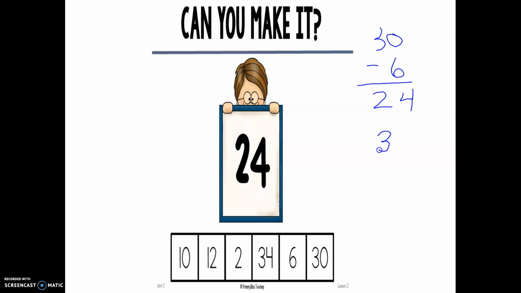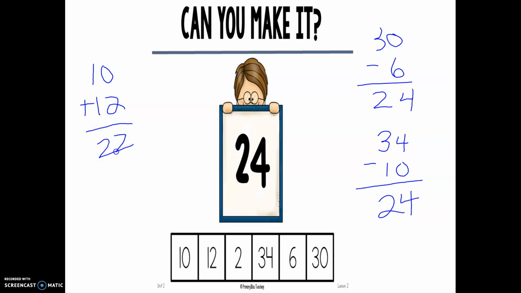If I go 34 minus 10, I can get 24. What about an addition? 10 plus 12 is 22, but when I add the other 2 that's available, I can get 24.